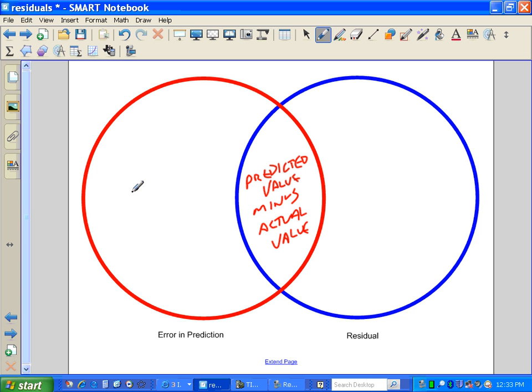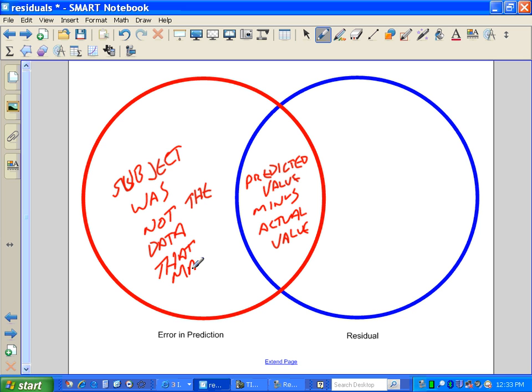Okay, error in prediction: the subject was not in the data that made the model.